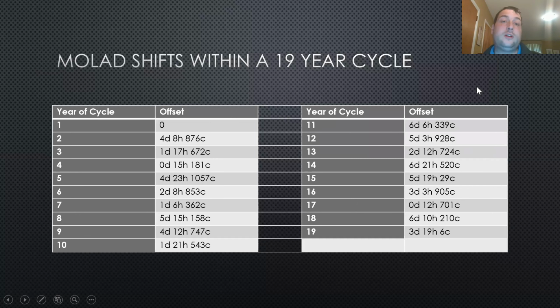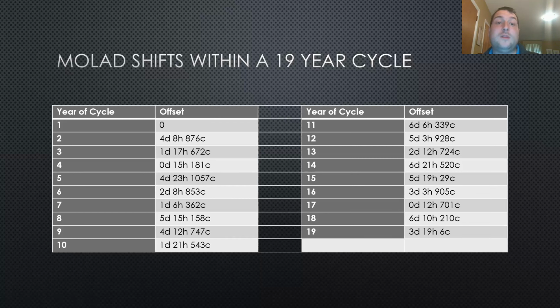So each year of a 19-year cycle has its own level of shift. This table helps us to determine when the molad will be for each of the years relative to year one. So if Rosh Hashanah on year one is on a Monday, Rosh Hashanah on year two will definitely not be on a Monday. I can tell you that based on the offset here.